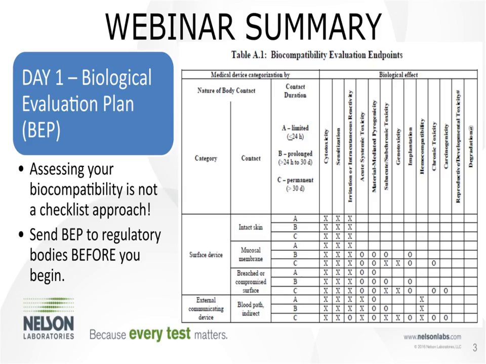One of the big points we're trying to bring home is that assessing your biocompatibility is not a checklist approach. It is not merely going to this table and doing every test where there's an X or an O. It's understanding if that's a real risk to your patient and then performing the necessary tests or justifying why they are not necessary.